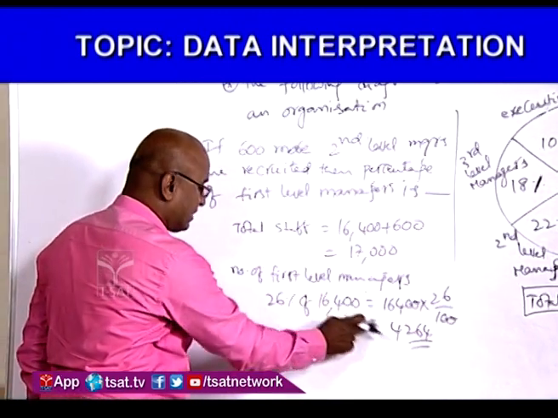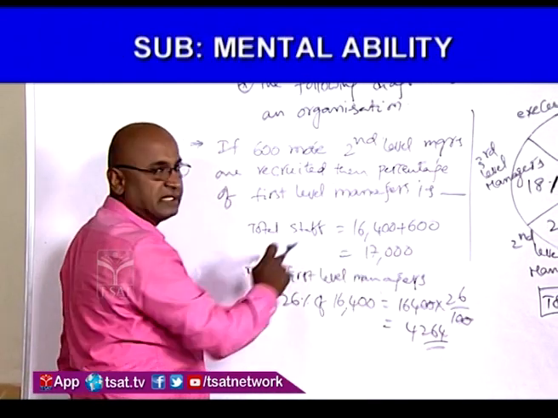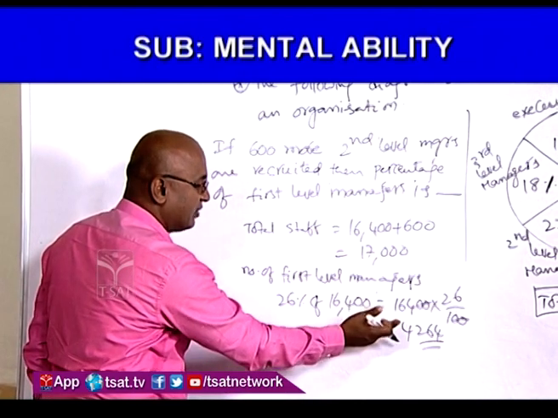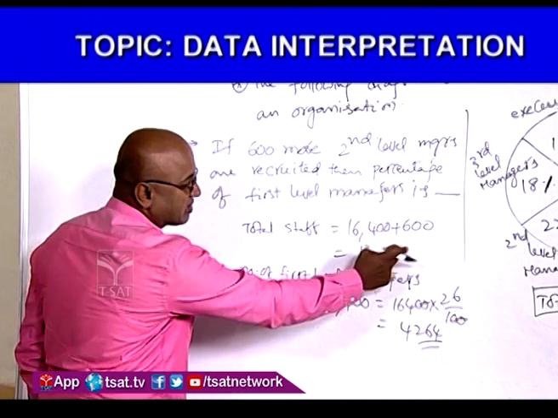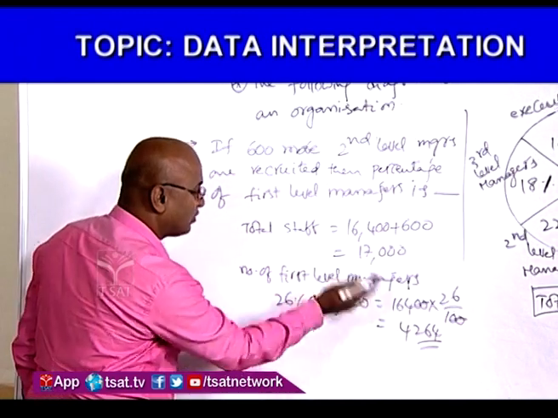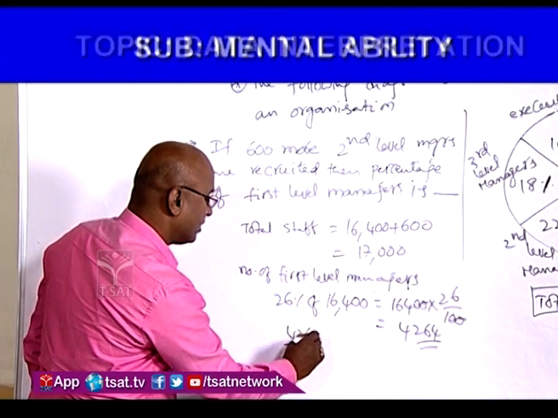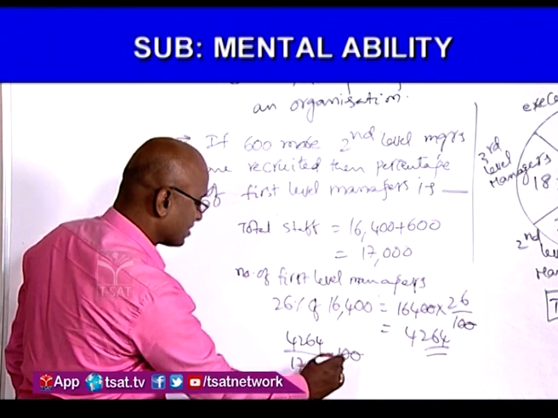Now, what is the percentage of 4,264 out of 17,000? Suppose 17,000 is 100%, then 4,264 is how much percent? So 4,264 by 17,000 into 100.